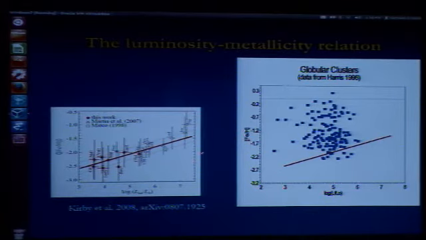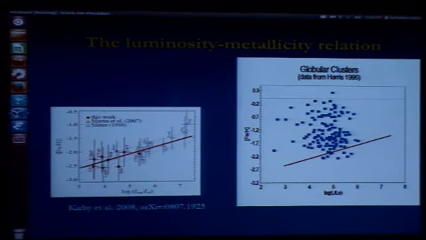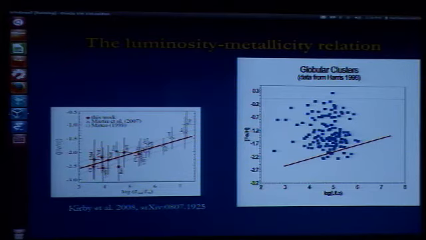Well, this is exactly what you expect if you let an object evolve by itself, or rather you interrupt the evolution while it's forming stars because of the interaction with our own galaxy.